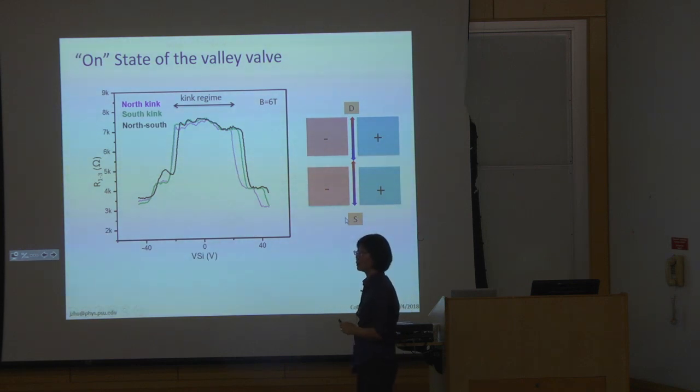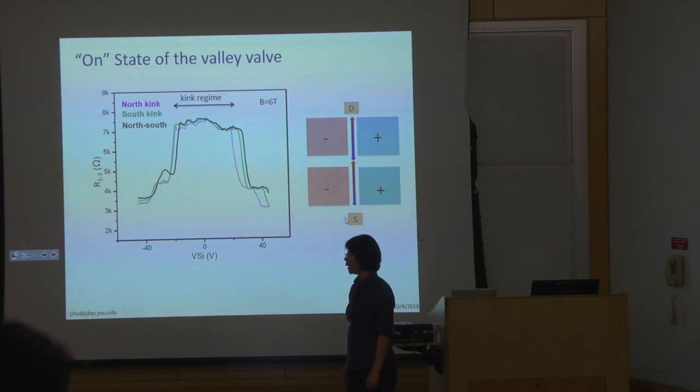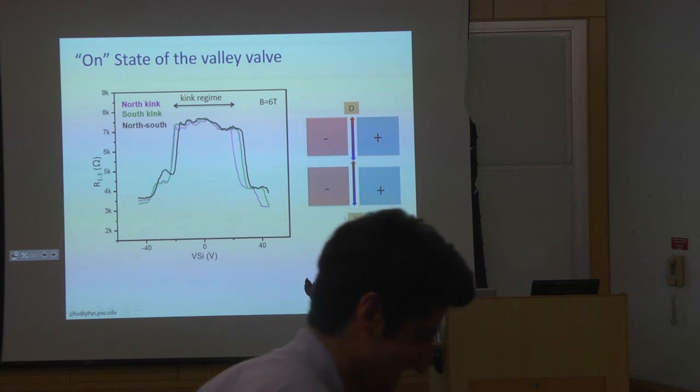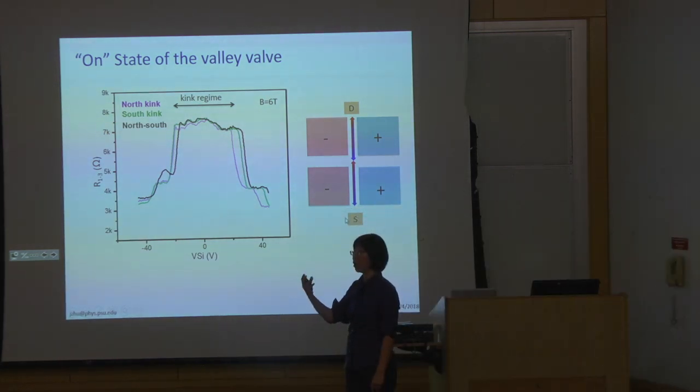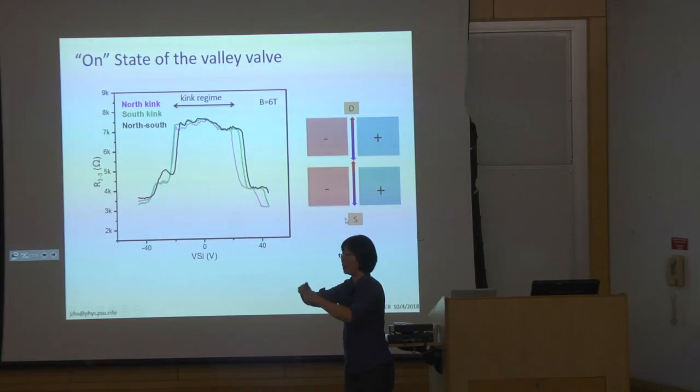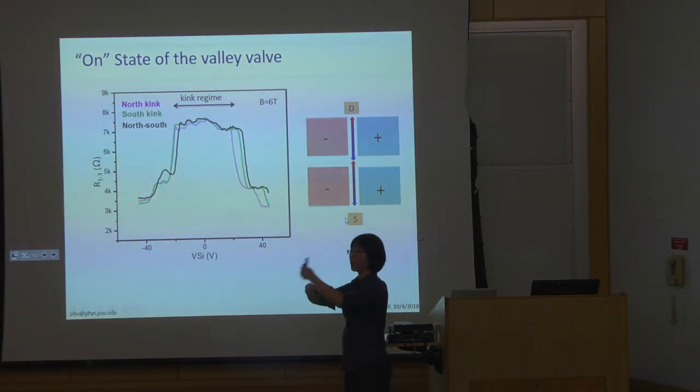Right, does the intervalley scattering happen? What do I think the intervalley scattering is? My guess is that we still have occasional electron-hole puddles at the Fermi level, and you can swap K to K prime and also swap the valley index of that charge puddle.